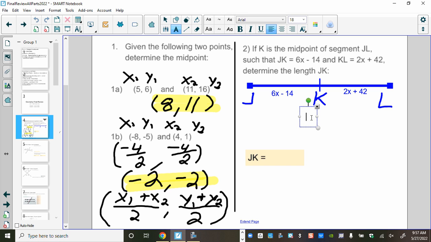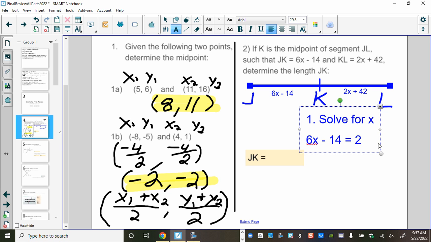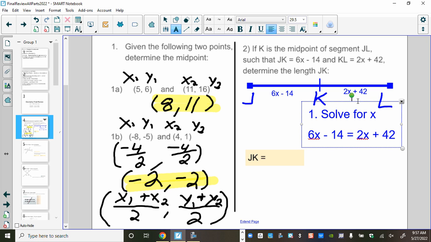So first step, solve for x. And then, Edwin, you said they're congruent. So how do we set up our equation? 6x minus 14 equals 2x plus 40. All right. Now, you're at a point you can solve for it.